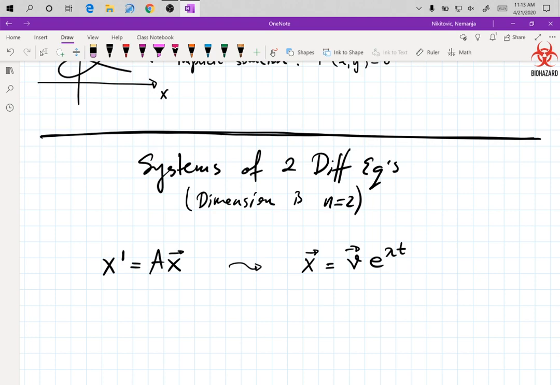And we were able to write the solution as C1 V1 e to the lambda 1 t plus C2 V2 e to the lambda 2 t all the way to Cn, right?